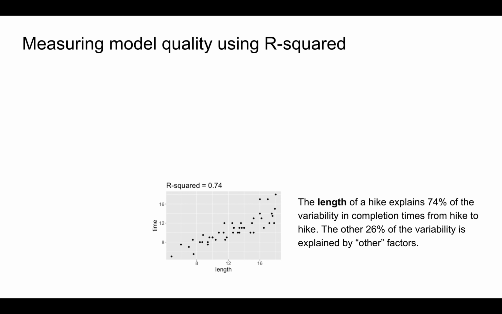For example, the length of a hike explains 74% of the variability in completion times from hike to hike, or 74% of the differences in completion times from hike to hike. The other 26% of these differences is explained by other factors, so factors such as the vertical ascent, the elevation, the difficulty, weather, and so on.